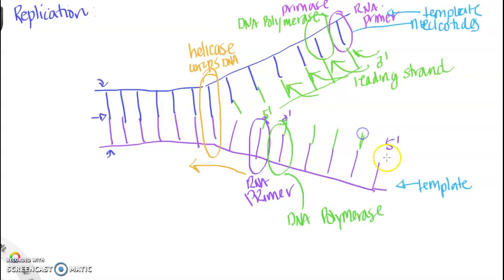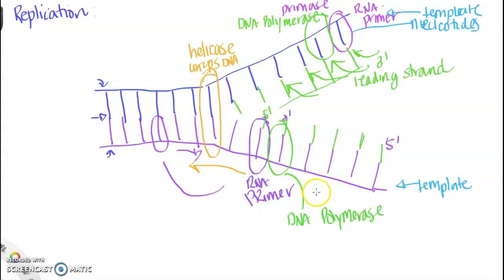But you see, I'm going to run out of room here. I'm going to get to the end, and I had to start in this middle spot here. So as helicase is opening up the DNA molecule, once this runs out, we have to start again with another RNA primer as it opens up to here. Then it runs back this way, adding nucleotides, and it does that over and over until we get to the end of the DNA.